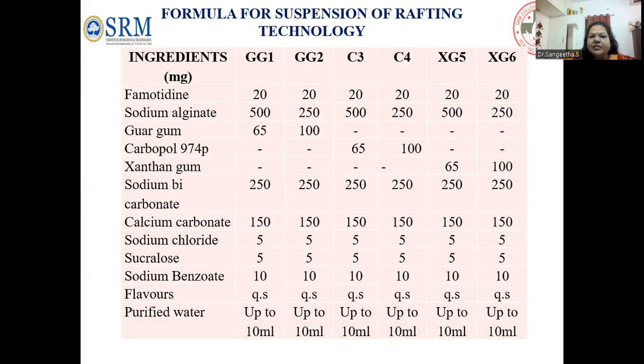The formulation table is represented here, where we used various polymers: sodium alginate, xanthan gum and guar gum. Three different polymers were used in different formulations, so totally 9 formulations.